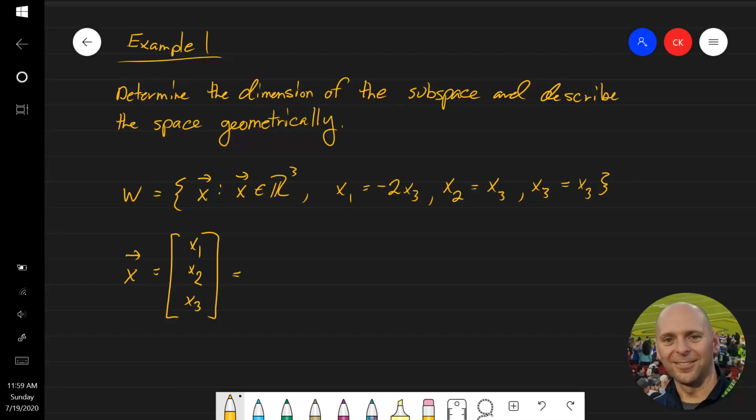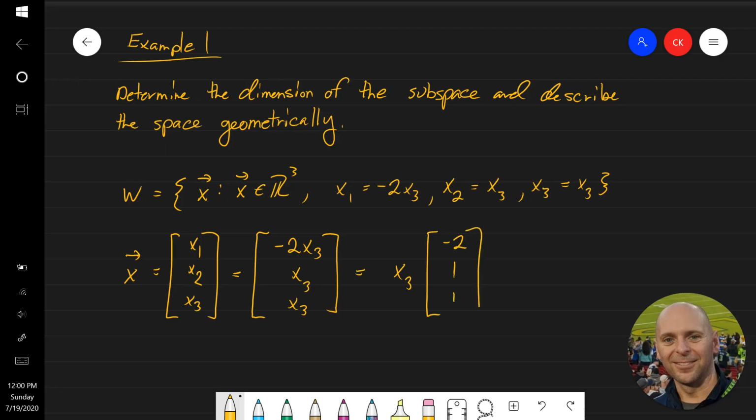Applying the conditions, we have minus 2x3, x3, and x3. Writing it in vector form, that's x3 times minus 2, 1, 1. Any vector x in this subspace W has to be a multiple of this one specific vector, so the dimension is equal to 1.